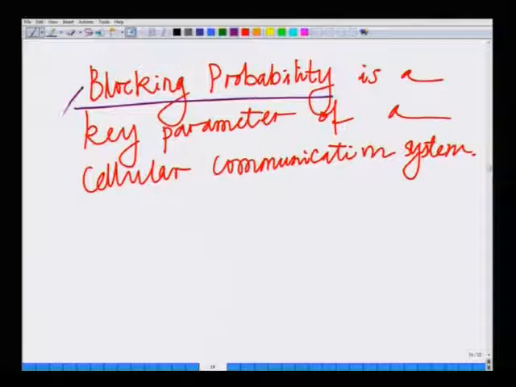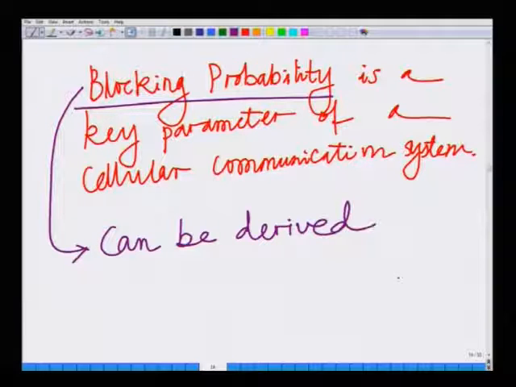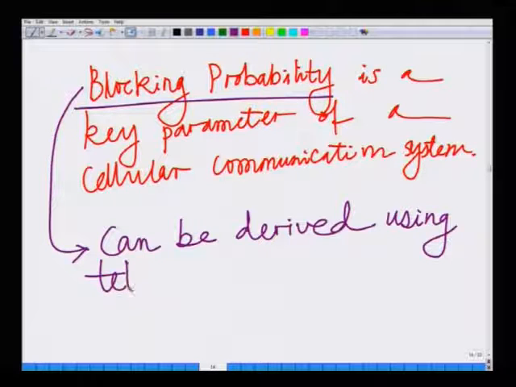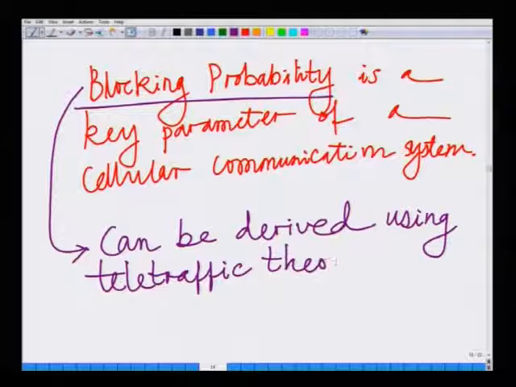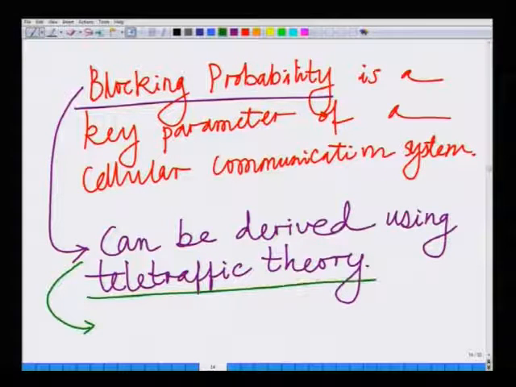And this teletraffic theory was first proposed by the Danish engineer Erlang in 1917.